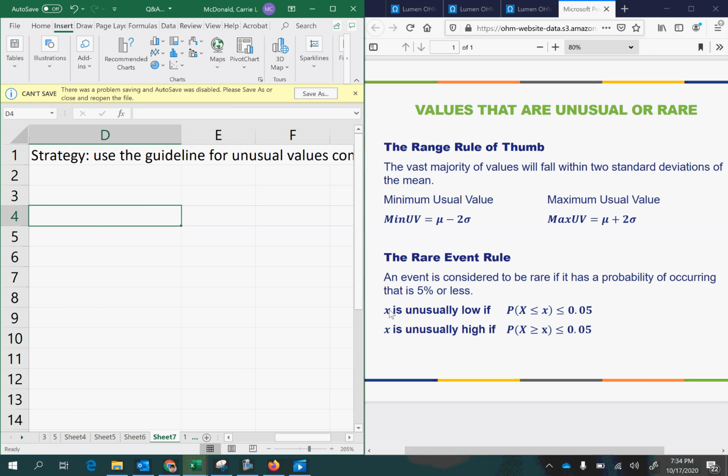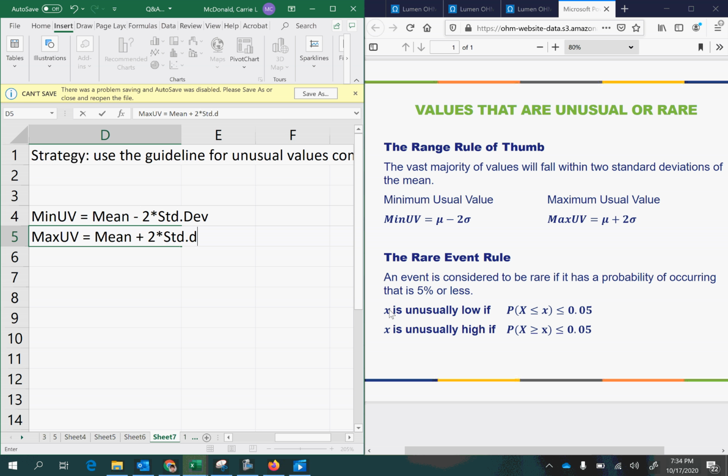So we are going to calculate the minimum usual value, which is the mean minus 2 times the standard deviation. And we'll also do the maximum usual value, which is equal to the mean plus 2 times the standard deviation.